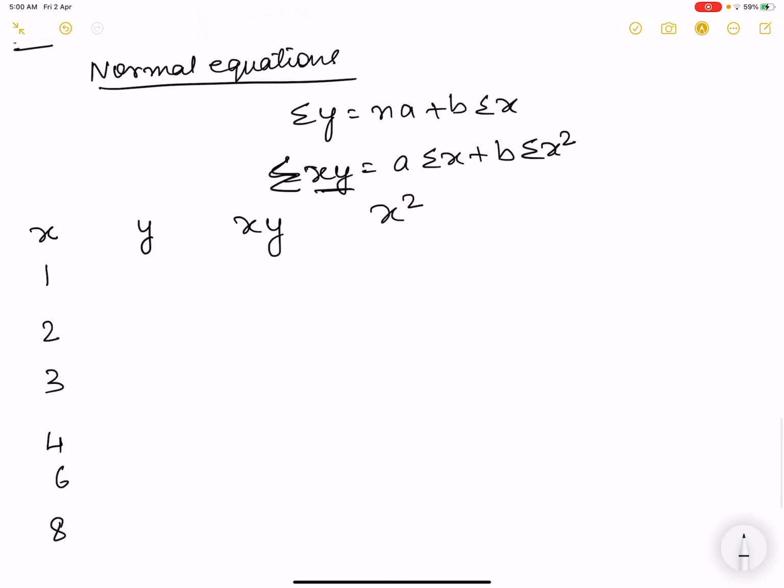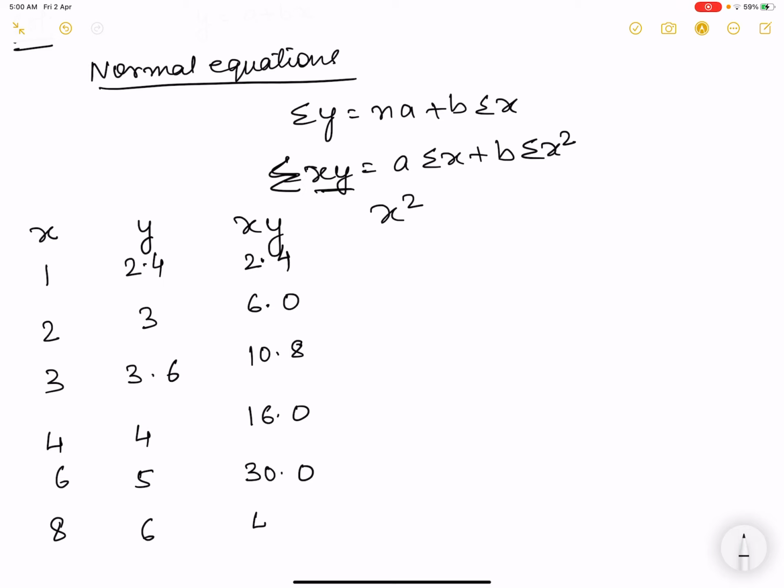Let us write the corresponding values for y. It is 2, 4. Let us find the product. And now the square of x.